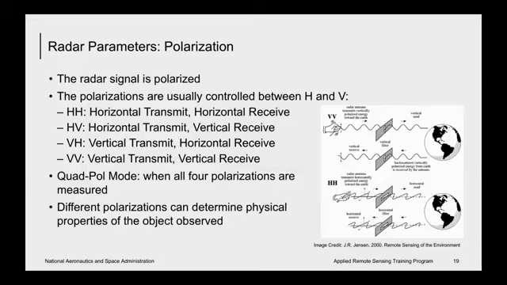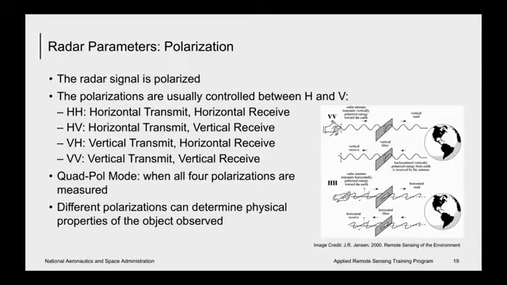The first 2 polarization combinations are referred to as like polarized because the transmit and receive polarizations are the same. So HH and VV are like polarized. The last 2 combinations are referred to as cross-polarized because the transmit and receive polarizations are opposite of one another.